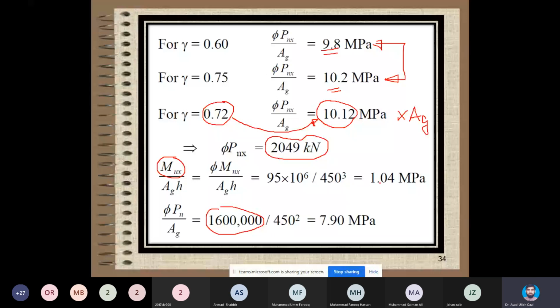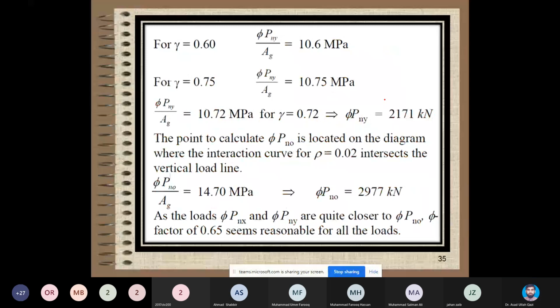For the 0.6 picture I am getting 10.6, and for the 0.75 picture I am getting 10.75. After linear interpolation, for gamma 0.72 the axial capacity is 10.72. Multiplied with area gross, this gives me the axial capacity under uniaxial bending.